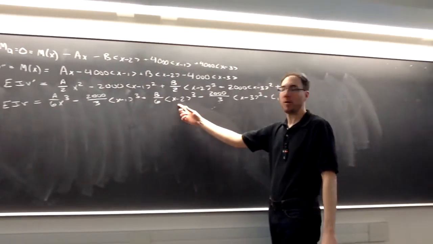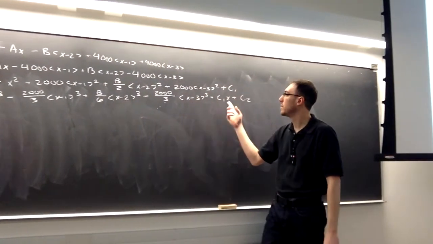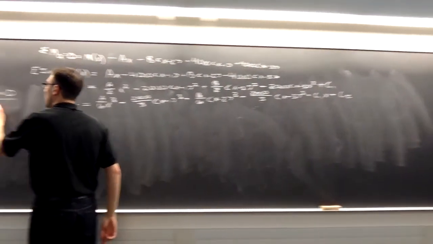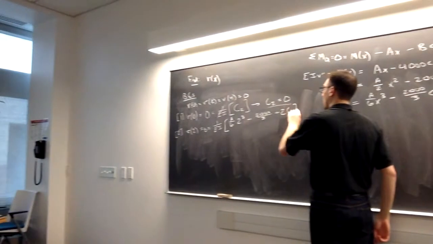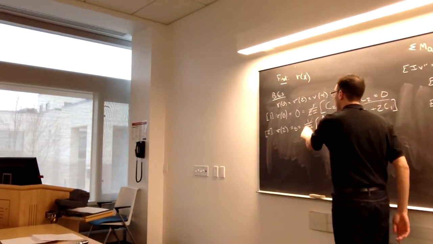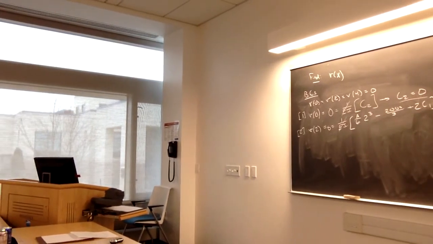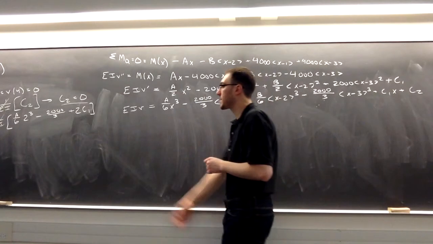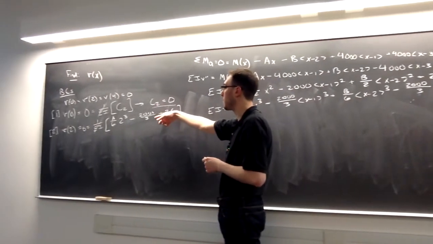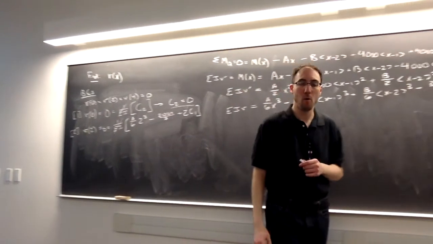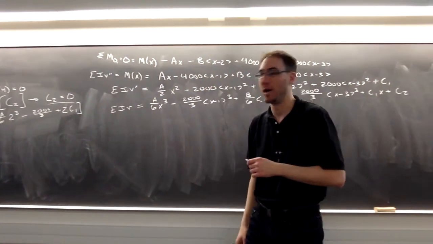This term will drop out, this term will drop out, and then this will be 2 times C1. And as before, it's equal to 0, so I can multiply through by EI, so that will drop out. In this equation, I've already used this one. I have one equation, I have A, and I have C1.